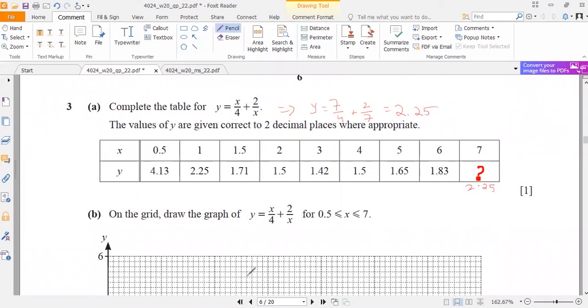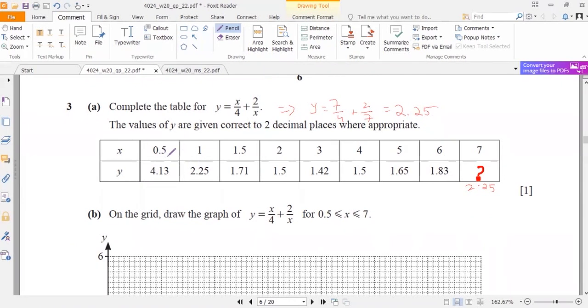Okay. Now in part B, on the grid, draw the graph of y equals x upon 4 plus 2 upon x for 0.5 to 7. As we already have these values in this chart, we only need to plot them on the graph.